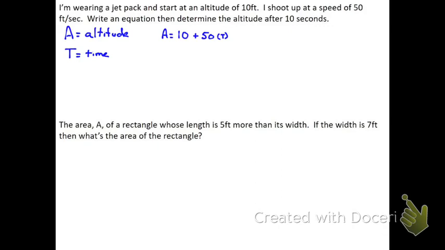And it wants to know after 10 seconds how high it would be. So as I rewrite this, I'm going to have my altitude equals 10 plus 50 after 10 seconds times 10. When you put that in your calculator, after 10 seconds, you will be 510 feet in the air.